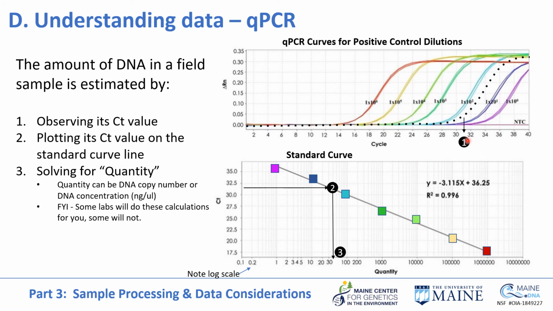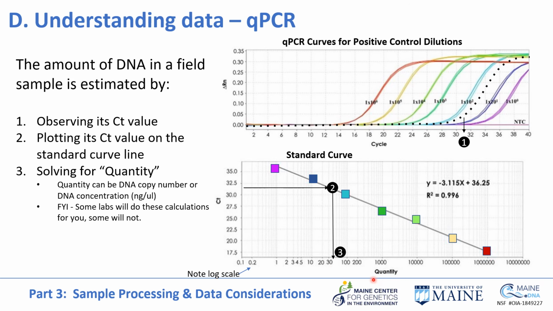So what I'm going to do is observe the CT value of my unknown field sample, and then plot this value onto my standard curve. So observing the CT value, I'm going to plot it. It was about 31, okay? So where does that put me in terms of quantity of DNA? Well, it puts me between 30 and 100. I'd say about 50 on that, okay?